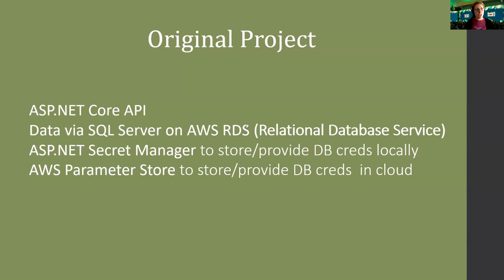So I started with a project that I had already created, which was an ASP.NET Core API. The really cool thing about this is I'm not just building an AWS Lambda function. At some point I do need to learn how to build a Lambda function, and that is a thing to do for sure.